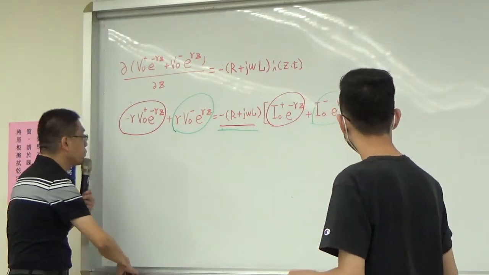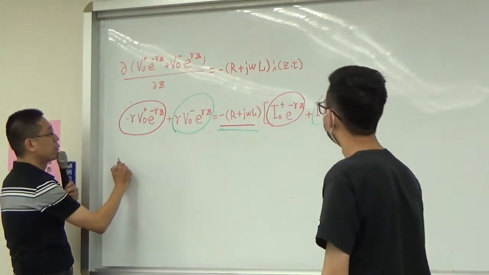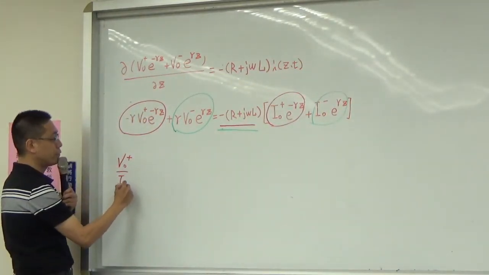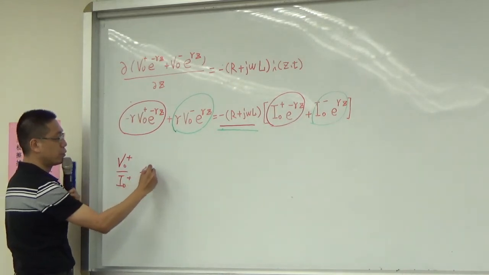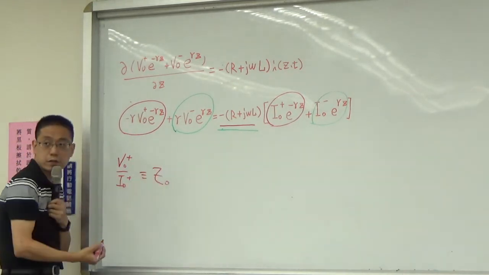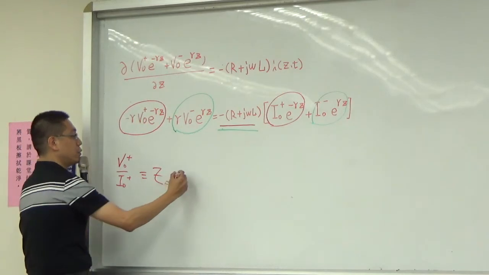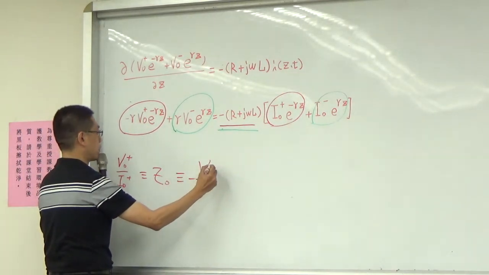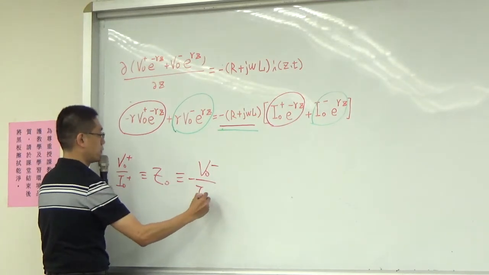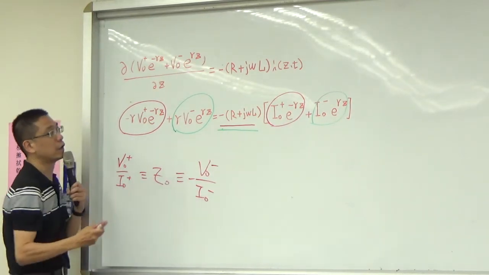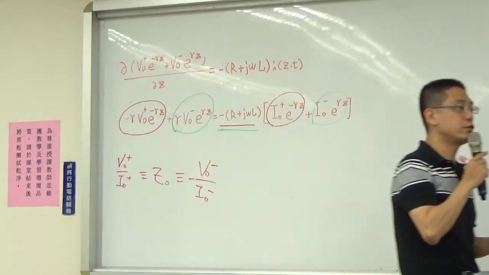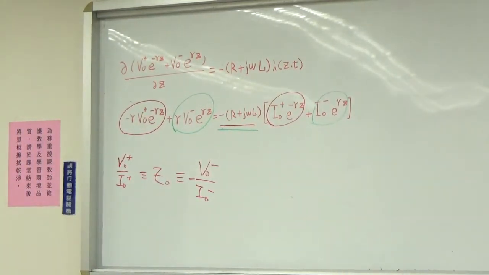Then, because we define this term equals Z0 equals minus, you use these equations, then you can obtain this.